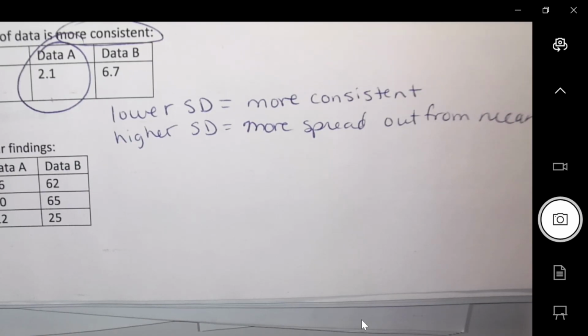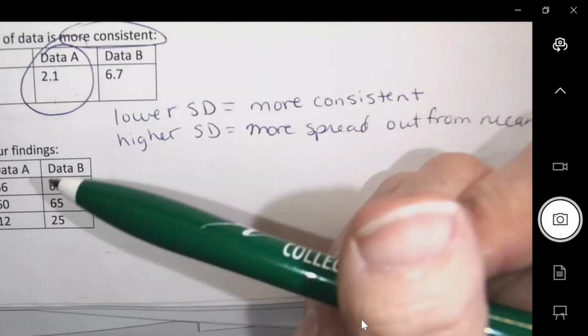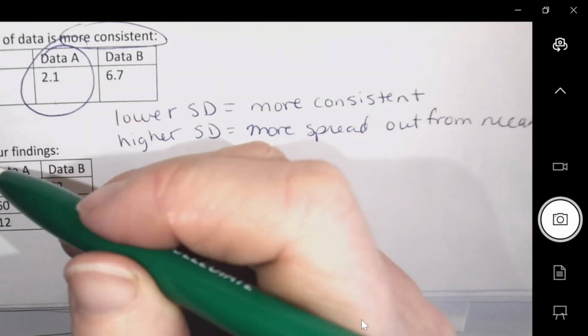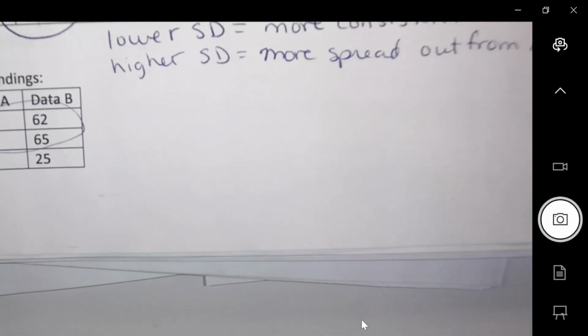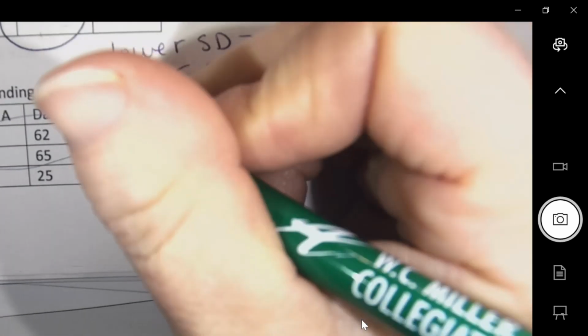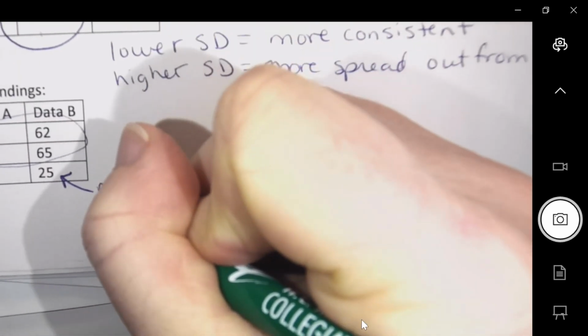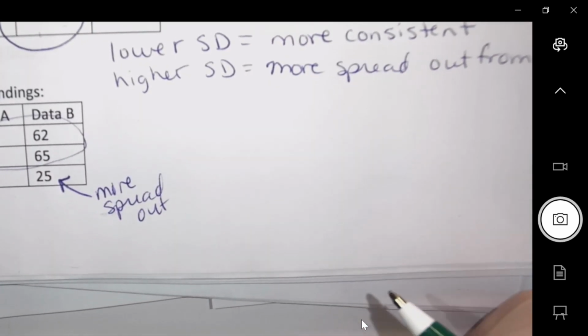so if this was my data of my 2 pre-calculus classes or something like that, and I was saying, well, how can I compare the classes with each other? Well, they seem like they have very similar averages, but this one would be way more consistent.